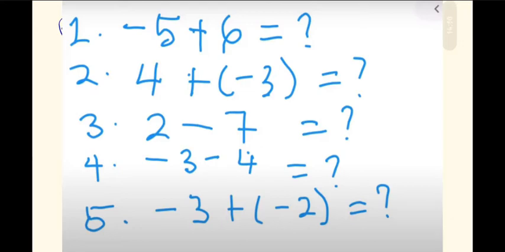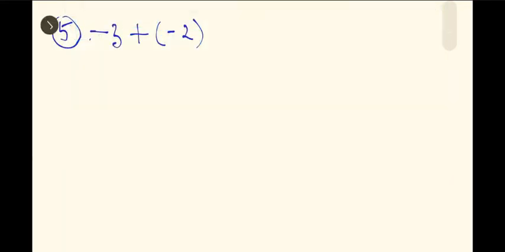Okay, let's solve our last question. Our last question: -3 plus -2. This is similar to the previous question.